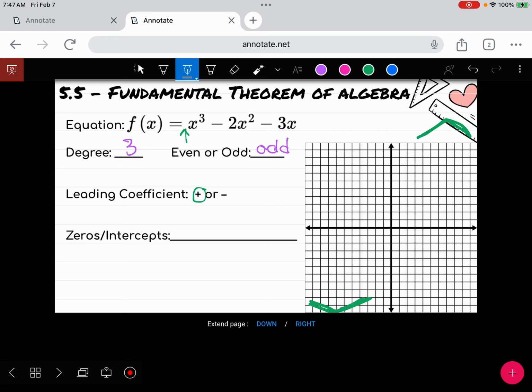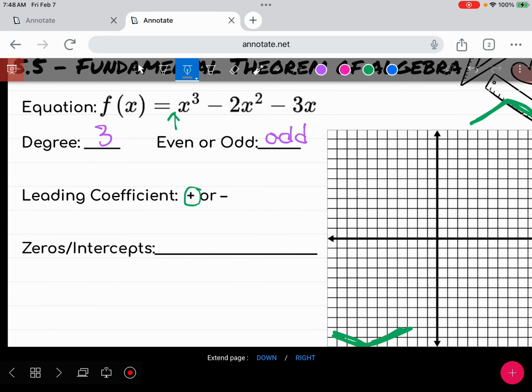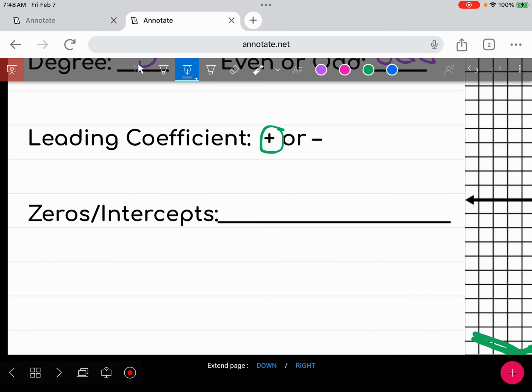Does this have a GCF? Yes, it does. Oh my gosh, this has a GCF. What do all 3 of these pieces have? An X. We can have an X as a GCF.